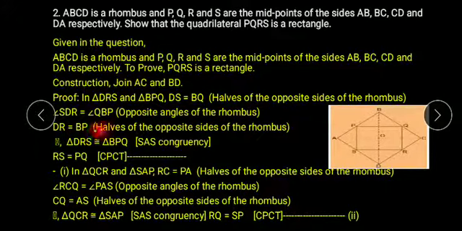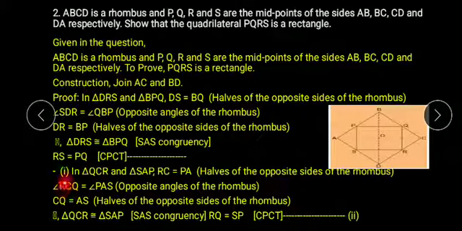DR equal to BP, just like this one, okay? So triangle DRS is congruent to triangle BPQ. Hence we can say RS is equal to PQ by CPCT, meaning corresponding parts of congruent triangles.